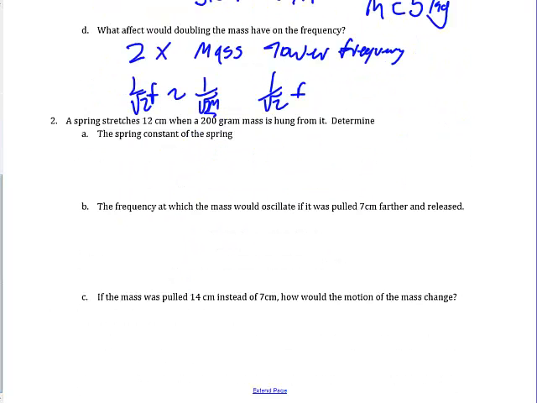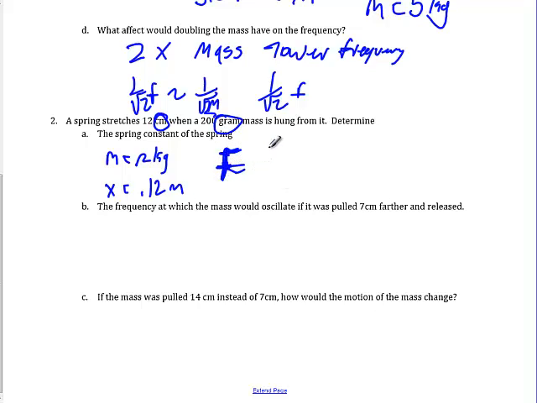Alright, number 2. A spring stretches 12 centimeters when 200 grams is hung from it. The biggest problem we had on this was this says centimeters, this says grams. So m equals 0.2 kilograms, and x equals 0.12 meters, and so F equals kx, and this is F force, not F frequency.